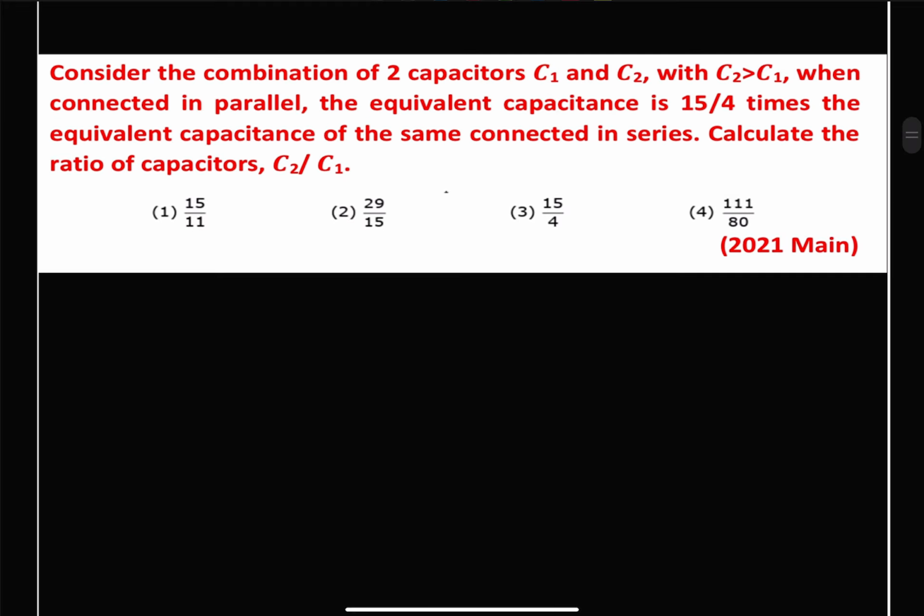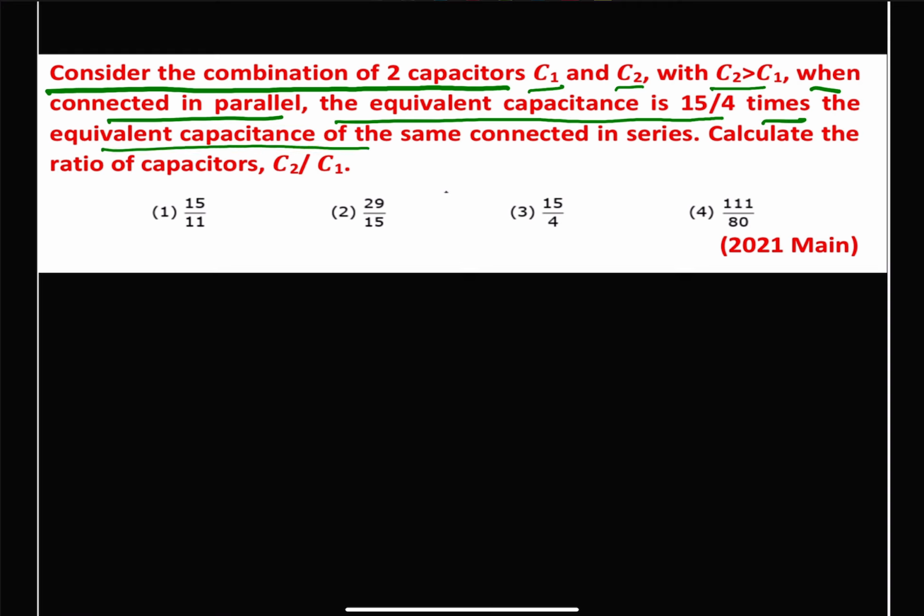The question states to consider the combination of two capacitors C1 and C2, where C2 is greater than C1. When connected in parallel, the equivalent capacitance is 15 by 4 times the equivalent capacitance when connected in series. Calculate the ratio of capacitance C2 by C1.